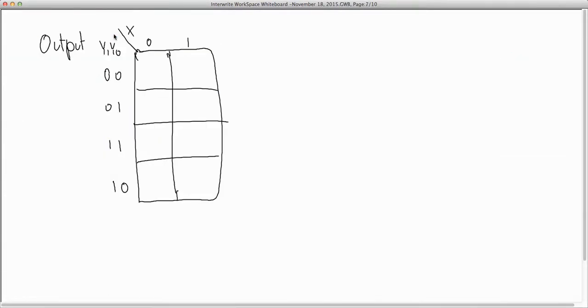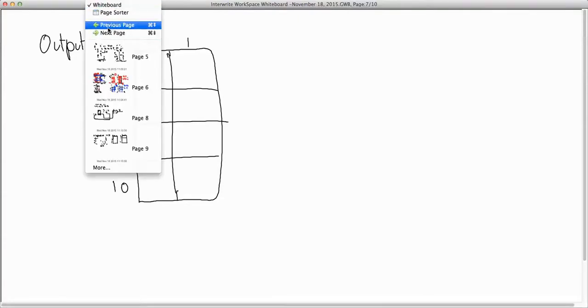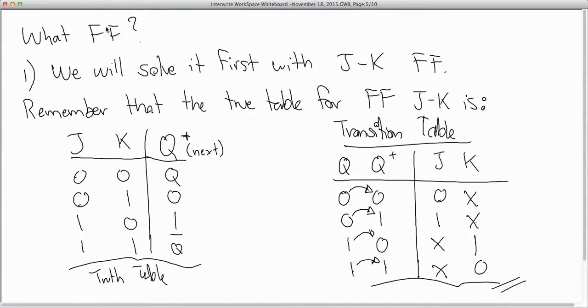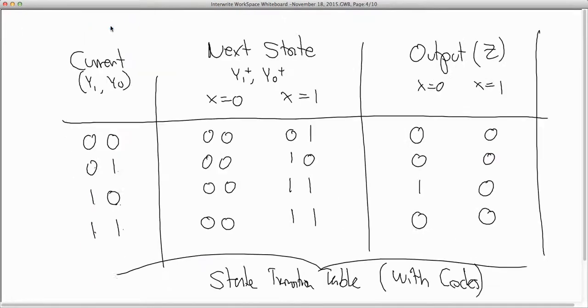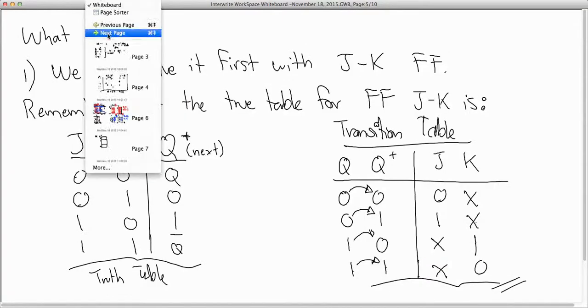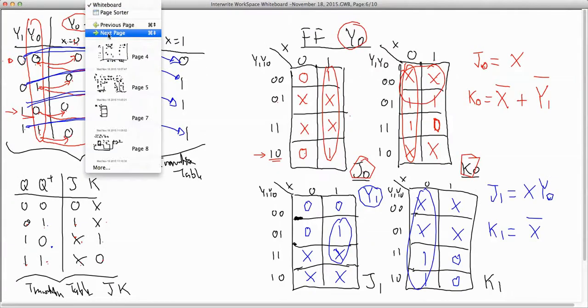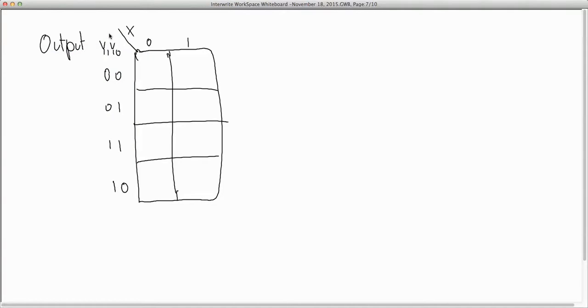The next part is the output, okay? If you remember in the state transition diagram, we have the outputs here. You see? The outputs depend on all of this. And how am I gonna build this? Well, I go here, and this is my table. Okay, I'm gonna take that table and I'm gonna put it here. Okay, and you can double check this.